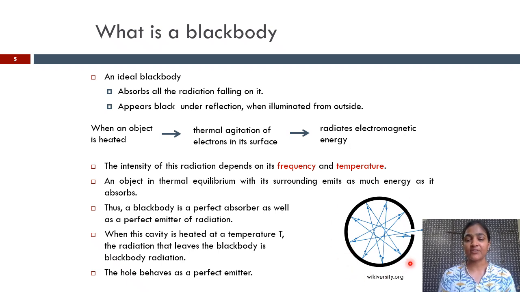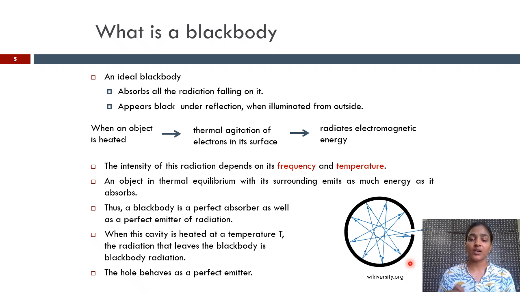As we can see, we can construct a cavity with a small opening at one side. When some radiation passes through the opening, the inner walls, which are made of metallic surfaces, absorb the radiation that comes within. So this acts as a perfect absorber in this way.